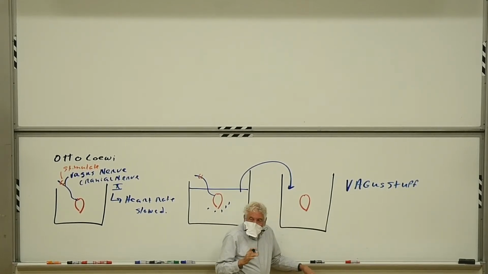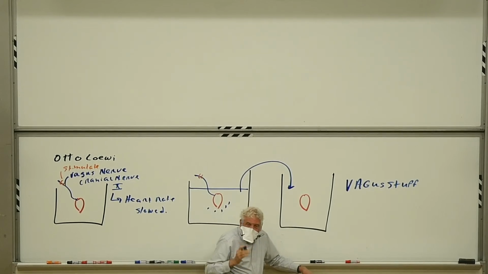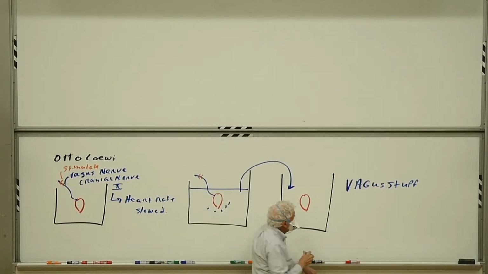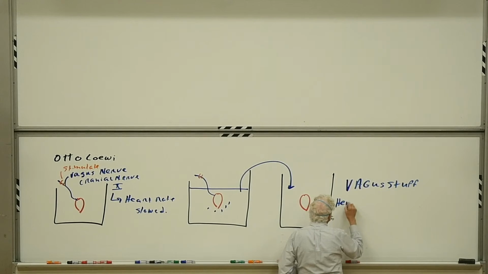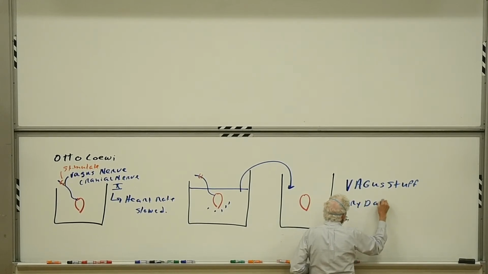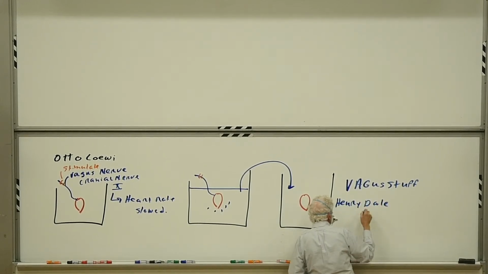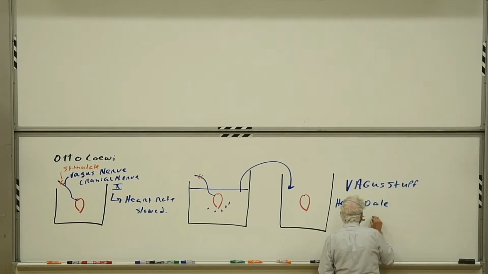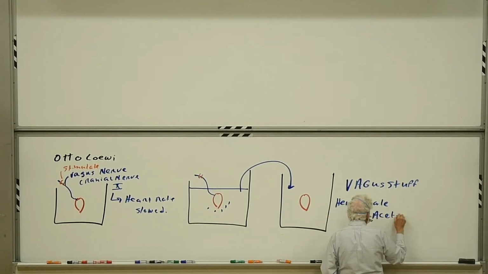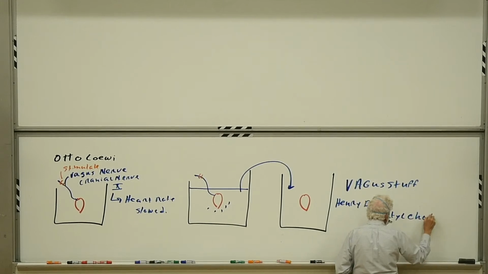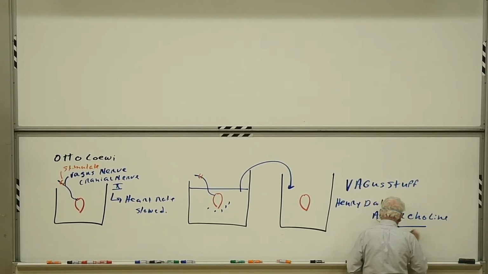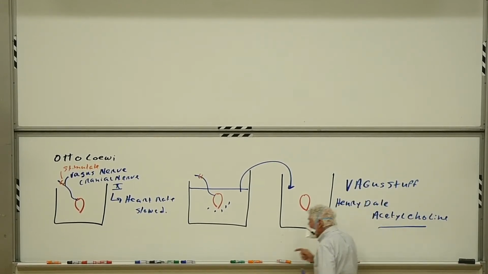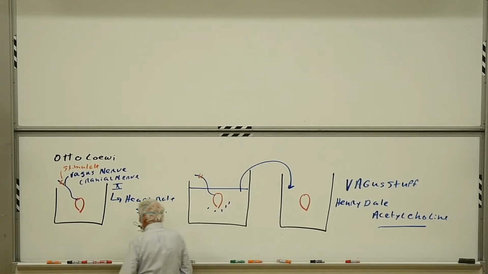It didn't tell him very much about what it was, but at least it was some kind of chemical. And a good friend of his named Henry Dale, who at the time was working in England, found that Vagusstoff was acetylcholine.